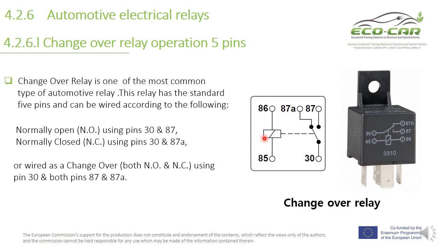Normally open using pins 30 and 87, normally closed using pins 30 and 87A, or wired as a changeover, both normally open and normally closed using pin 30 and both pins 87 and 87A to change between this one and this one, depending on the applications in the automotive circuits.